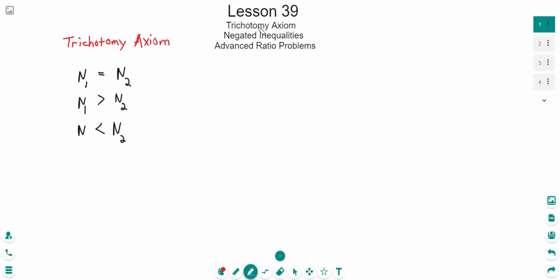Trichotomy has that syllable tri in it, and that's an indication of three. So it's kind of the three-part principle, indicating these three possibilities when we're comparing two numbers. That's why we call it the trichotomy axiom. So there you go. Pretty straightforward.